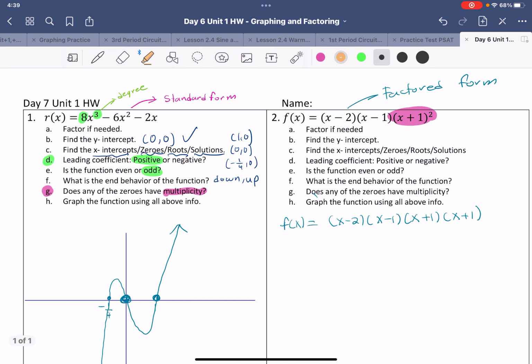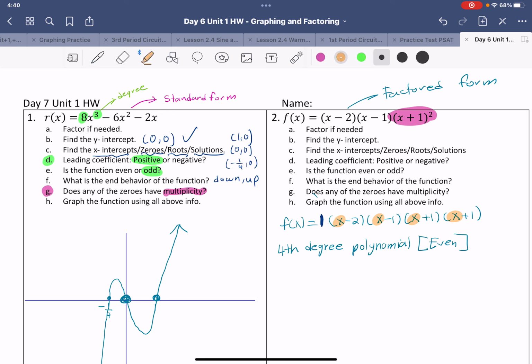But when you're in factored form, everybody, you actually have to count how many x's you have to see what power it would be. Because if you actually distributed everything, you would end up with an x to the power of 4. If you don't trust me, you should try it. But I just want you to see that you got 1x, 2x, 3x, 4x. So that means that this is a 4th degree polynomial, and 4 is even. If we look in the front, there's no number, so I can technically put a 1 there for fun.